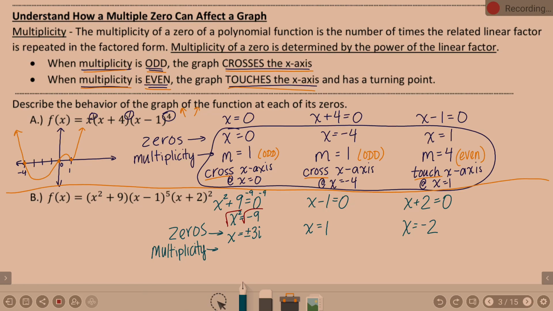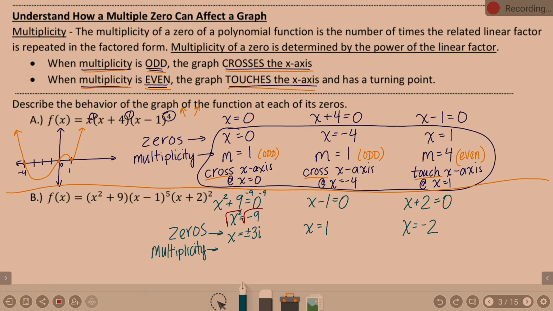Plus or minus 3i. Am I going to see those? They're imaginary, right? Am I going to physically see those on the graph? No, because they're imaginary. So, are we going to worry about whether they touch or cross the x-axis? No. Is there a multiplicity to worry about then?